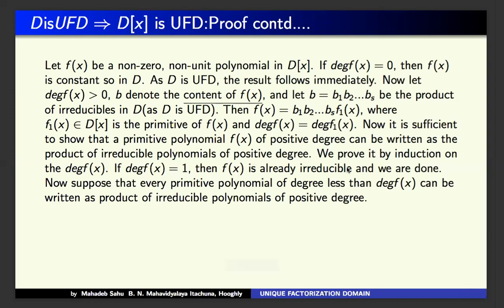Now suppose that every primitive polynomial of degree less than that of f(x) can be written as a product of irreducible polynomials of positive degree. Here we apply induction. If f(x) is irreducible, there is nothing to prove.